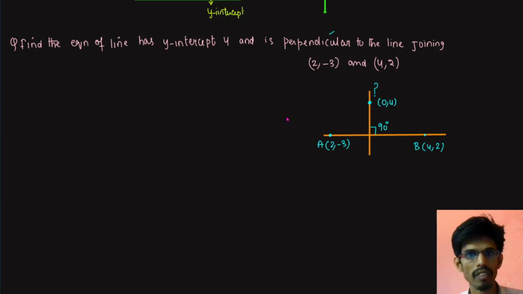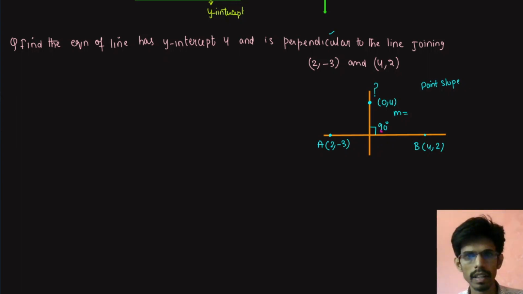So this line has this point. Now if I am able to get the slope of this line, then I can use the point slope form, but the requirement is the slope here.